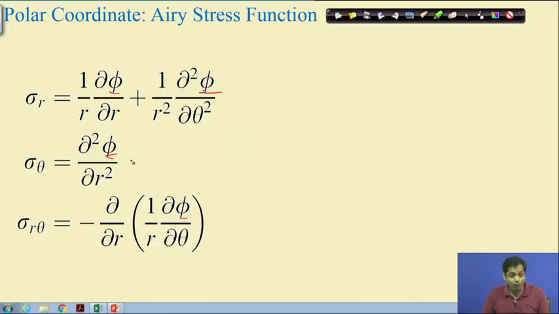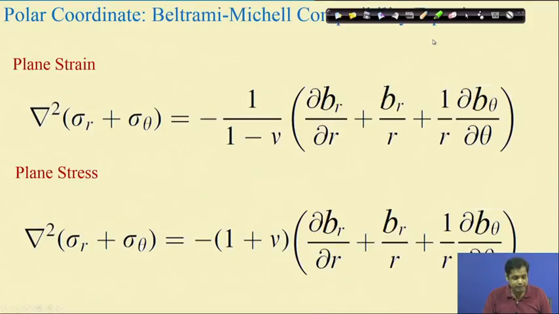As generally we have been considering problems with no body force, the body force term is not included in this definition of the Airy stress function. But if you have a body force term in your formulation, then you have to include it in this definition.